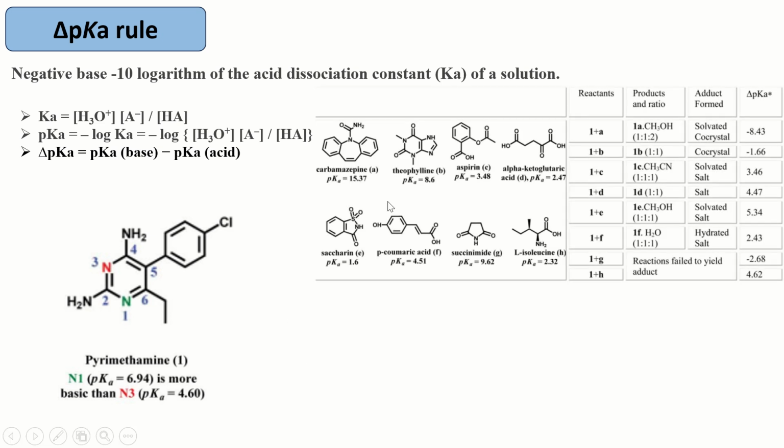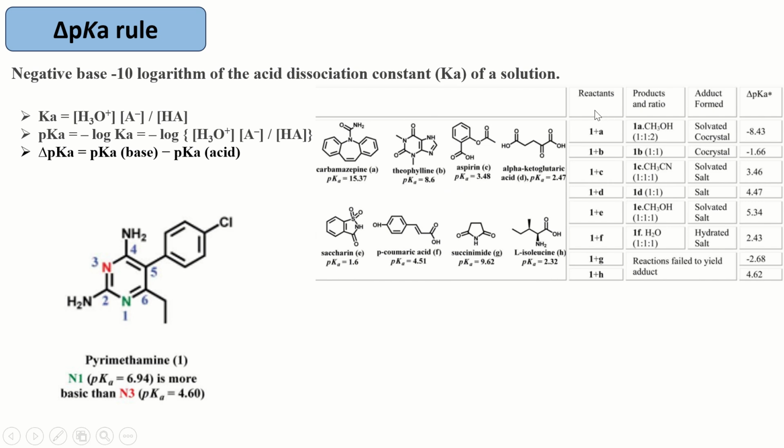Here are some case studies forming co-crystals of pyrimethamine with carbamazepine, theophylline, aspirin, alpha-ketoglutaric acid, saccharin, p-coumaric acid, succinamide, and L-isoleucine. Their pK values are mentioned here: carbamazepine 15.37, theophylline 8.6, and many others.